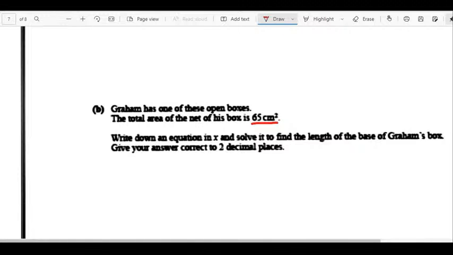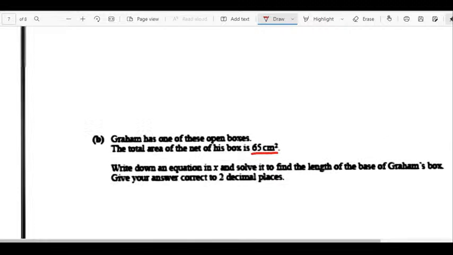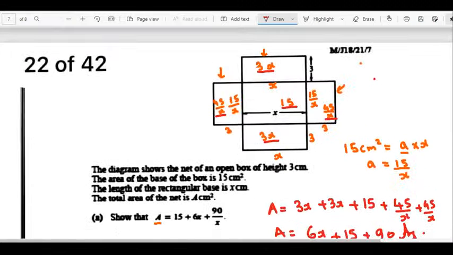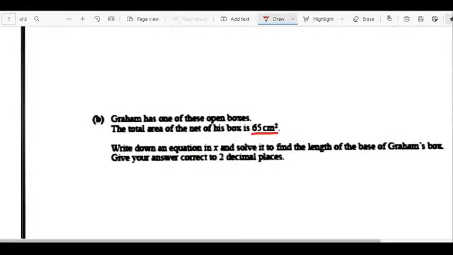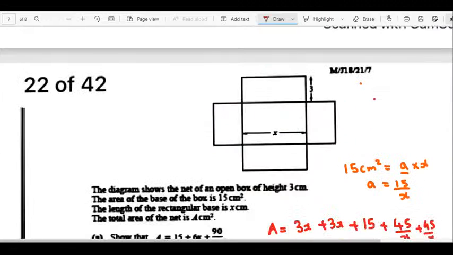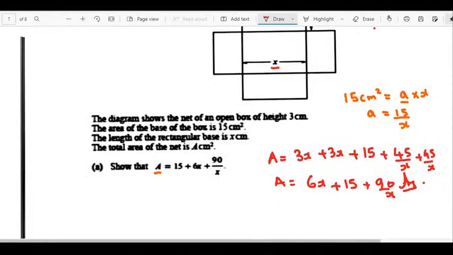Now, Graham has one of these open boxes, okay? And I'll rub everything on the box, and the area of his box is 65. Okay, the area of his box is 65 and they want you to find this x. Well, that's very simple. This is the total area.